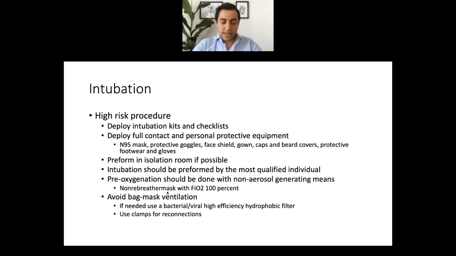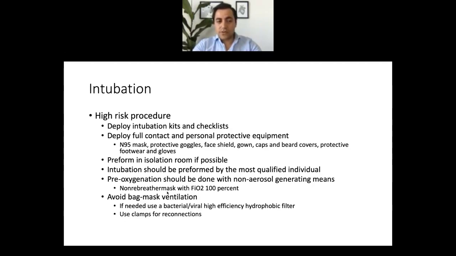Preferably intubate the patients in an ICU setting or in the OR if possible, but if not, then try to have as few people as possible in the room when intubating the patient. Pre-oxygenation is really important when trying to intubate the patients, but you can do this without aerosolization.